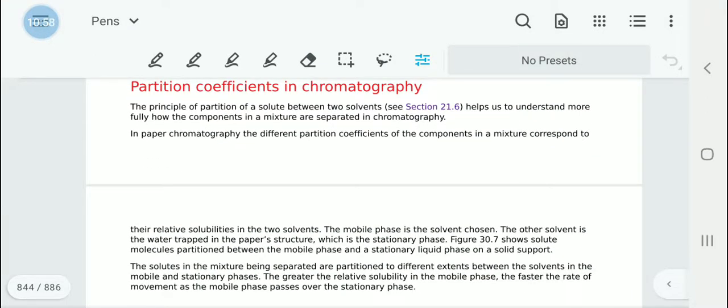Write down a note. In paper chromatography, different coefficients of the components in a mixture correspond to their relative solubilities in the two solvents.